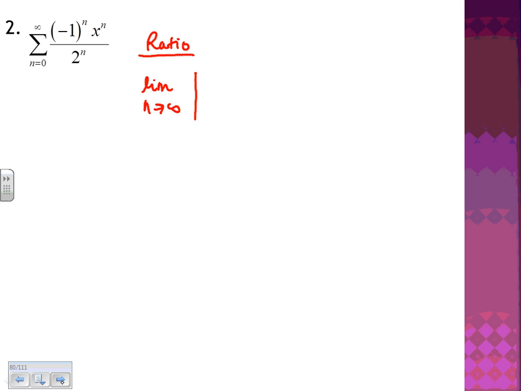Do I even have to worry about the negative 1 to the n when I take the absolute value? So, I'm going to skip. This would be x times x to the n over 2 times 2 to the n, oh, 2 to the n over x to the n, right?